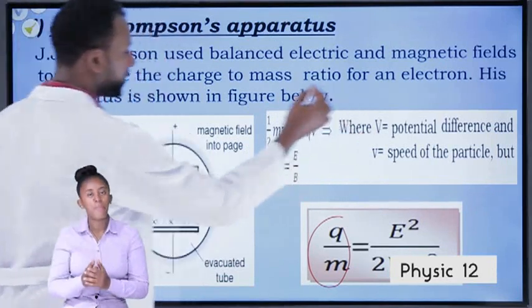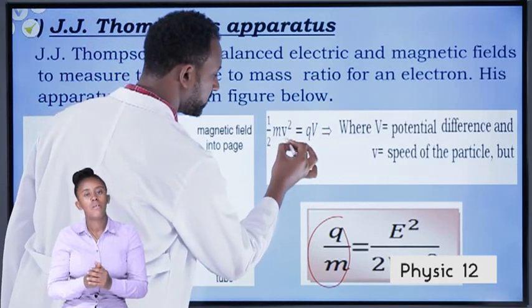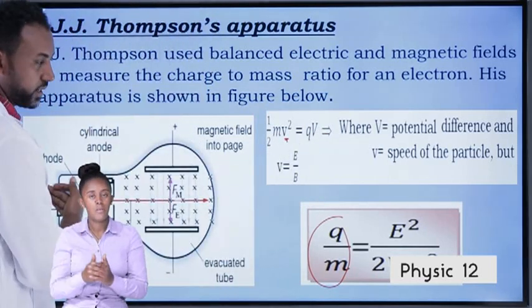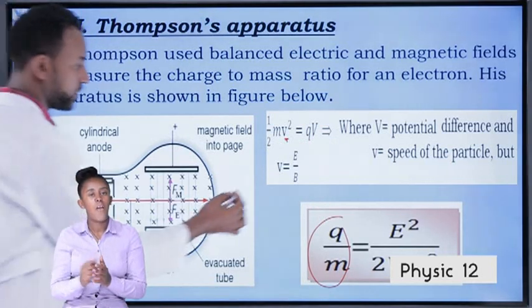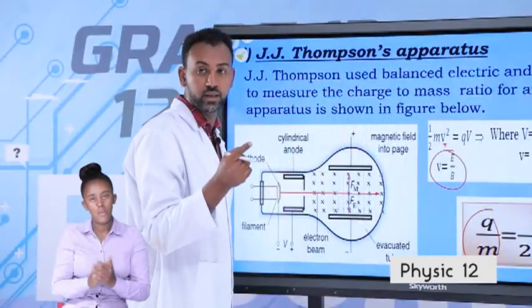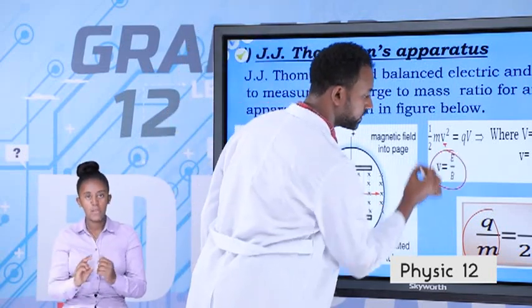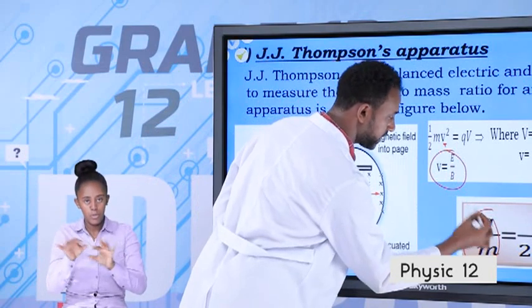Therefore, from the work-energy concept, half m v squared equals qV, and it's possible to find the velocity from the velocity selector. We have already seen that previously. It's possible to find the velocity v equals electric field over B. Therefore, when you resubstitute, you can find such an expression.